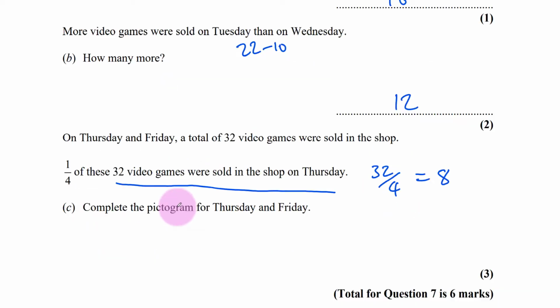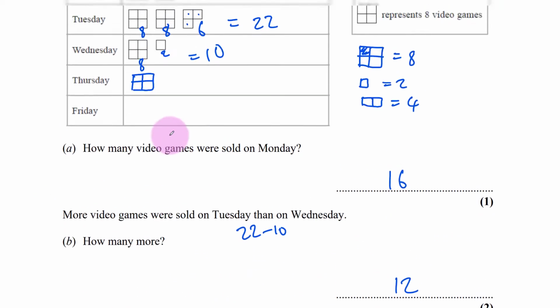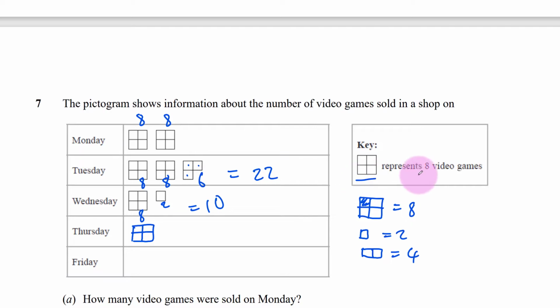Now, on Thursday and Friday, a total of 32 games were sold in the shop. So if Thursday's 8, then Friday must be 32 minus 8, which is 24. So to do the pictogram for Friday, remember this is worth 8, so you need to do 3 of those boxes.